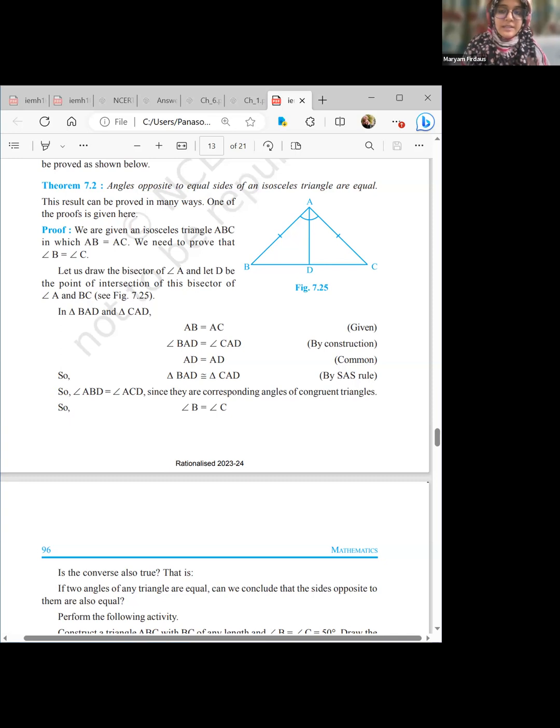Altitude is that line segment which you can call the height. Altitude means this angle over here and this angle over here are going to be 90 degrees. This is the altitude and this is the median.